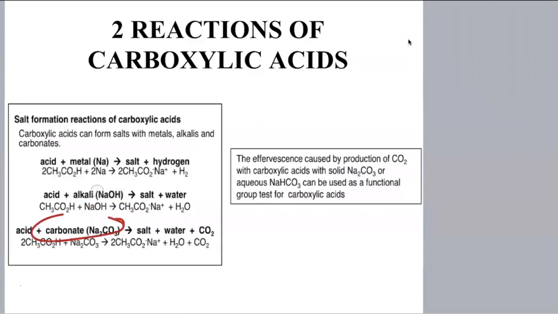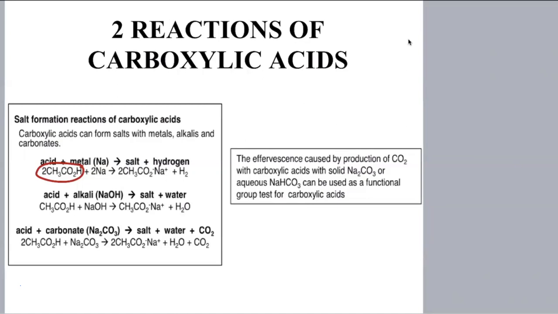The salt is nothing new for you. If it's an ethanoic acid, the salt will be an ethanoate, sodium ethanoate, potassium ethanoate, and so on. If your acid is a propanoic acid, your salt will be sodium propanoate. Nothing fancy or new there.